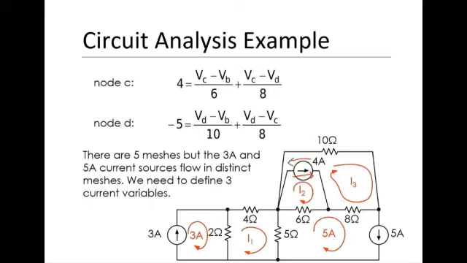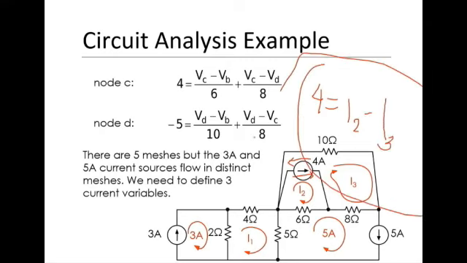Therefore, the 4 would be equal to positive I2, the current with the direction of the 4 amperes, minus I3, the current against it. So that is the equation of your supermesh.